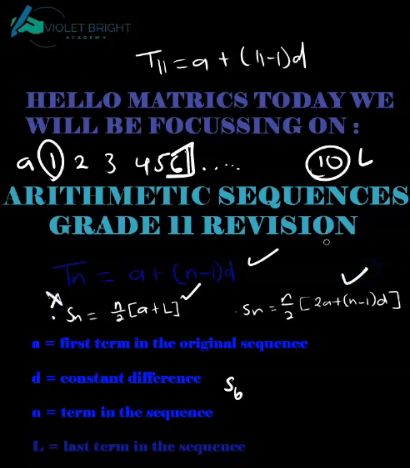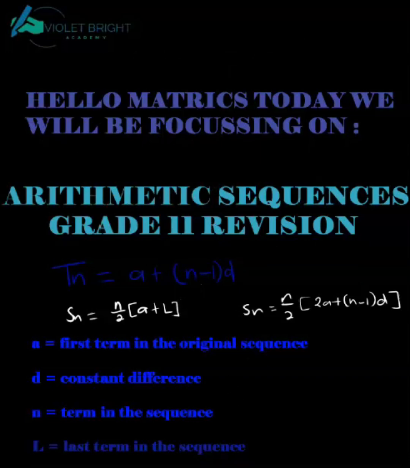It's more or less the same thing, but today I don't want us to deal with this. I just want us to deal with a few complex examples when dealing with arithmetic sequences. So let's just erase that and get straight into doing the work.